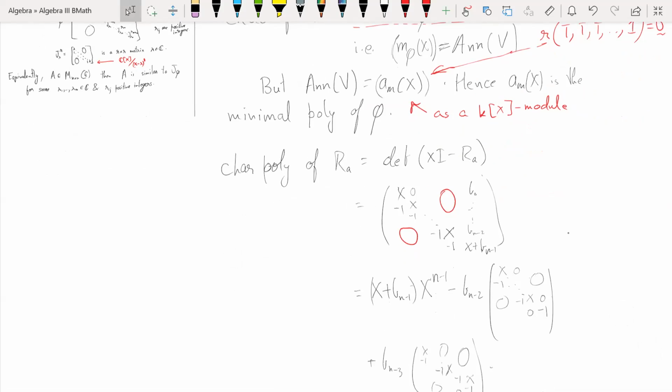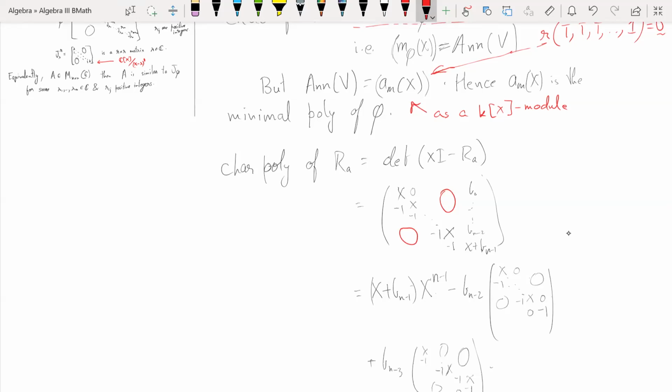So x plus b_{n-1} times the determinant of this matrix, but this matrix is a lower triangular matrix, so there is nothing on the upper part and there is minus 1 just below the diagonal. For a triangular matrix the determinant is just the product of the diagonal entries.